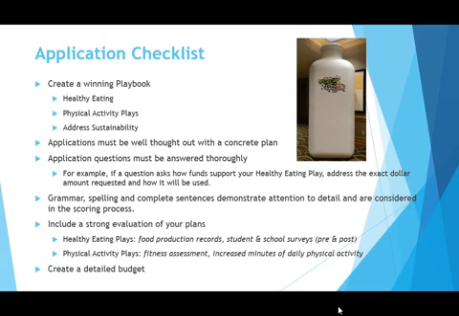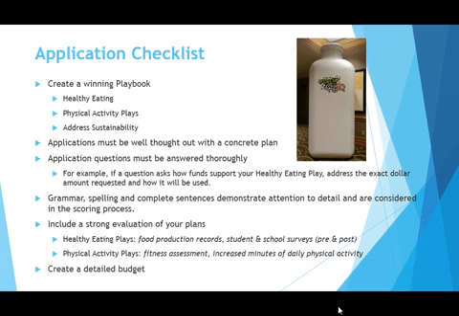A lot of times we'll get just kind of highlights of what a plan is, and it's not enough information for us to know what your school environment is like. So keep in mind that the reviewers have probably never stepped foot in your school, so you need to really spell it out.